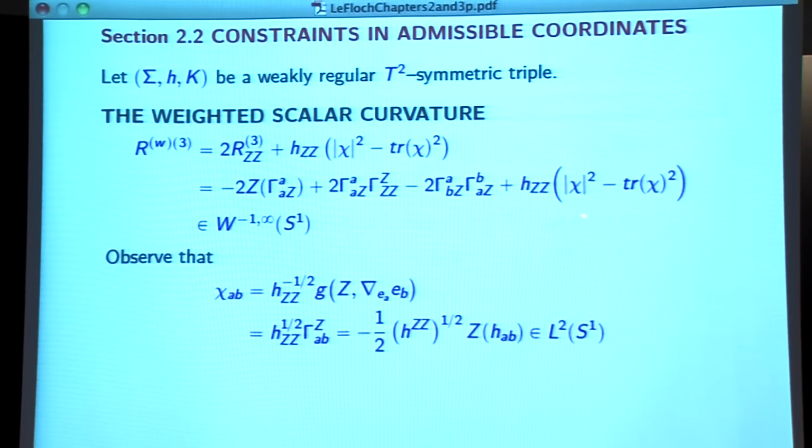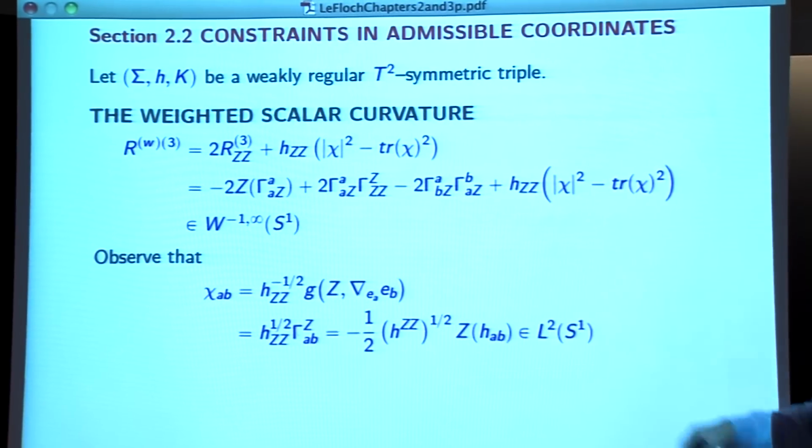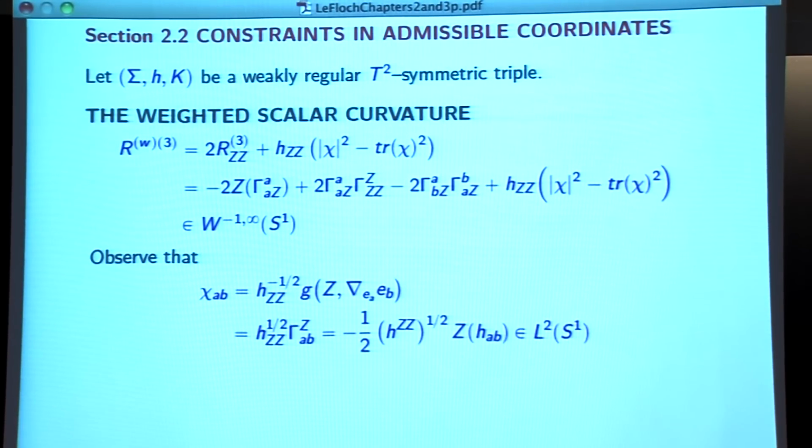We also need to compute this second fundamental form of the T2 slices in the T3 slices. So this chi here is something that we have not computed yet. It was defined by this formula, and so we need to compute more. But intuitively, this chi tells you how the T2 slices are curved in the T3 slices, the T2 orbits in the T3 slices.